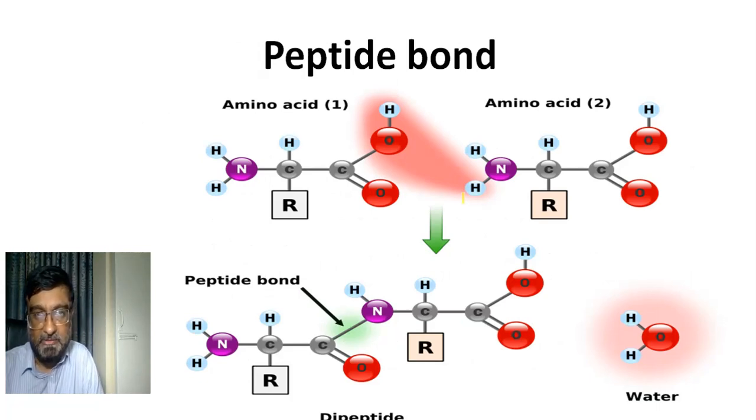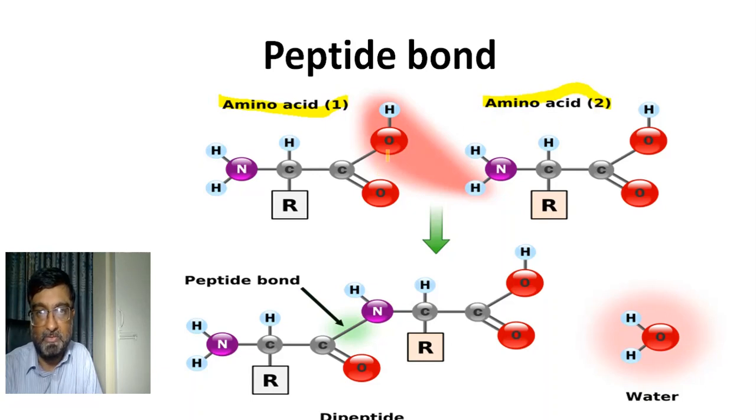Look at this one, how they join together to make a peptide bond. Remember, when two amino acids join together, they join by peptide linkages, through peptide bonds. These are the two amino acids: this is amino acid 1 and this is amino acid 2.